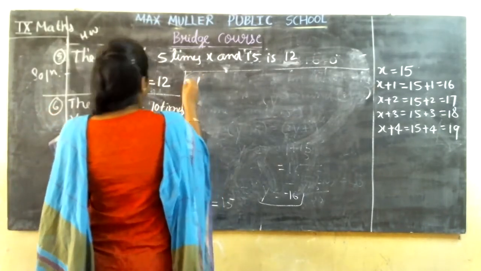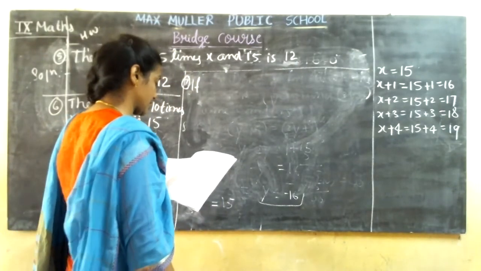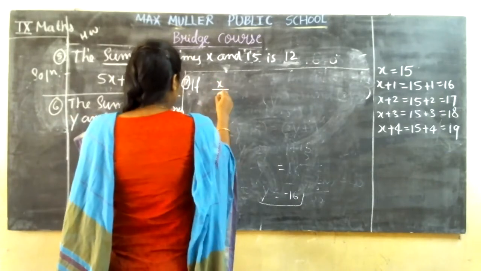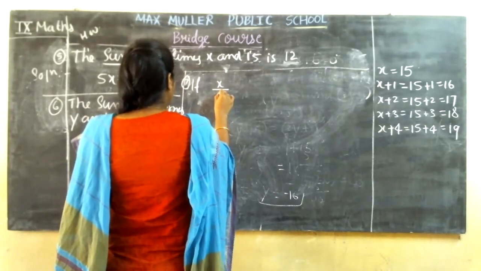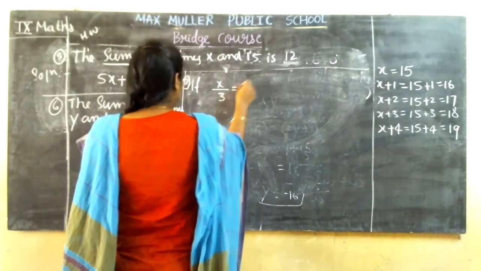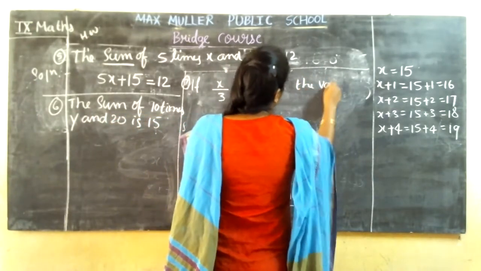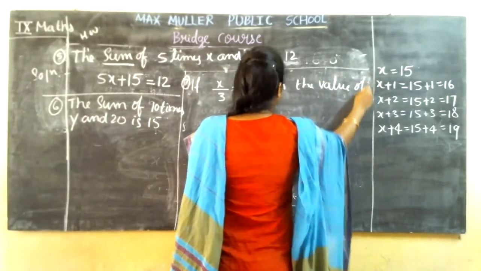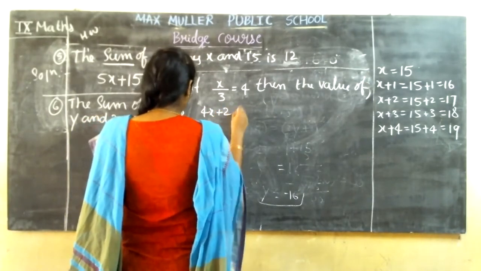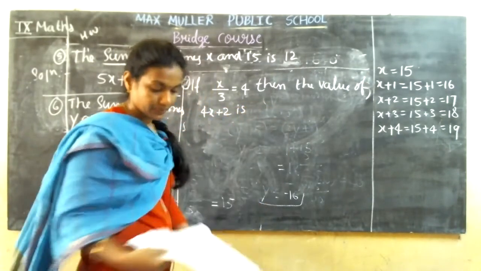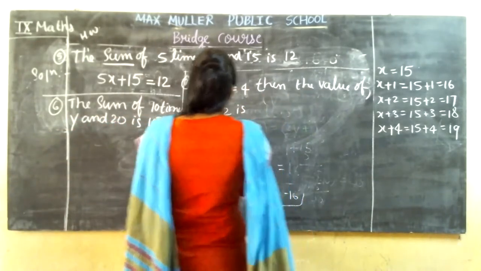Take the next one, the 7th question. If x by 3 is equal to 4, then the value of 4x plus 2 is... Our question is: if x by 3 is equal to 4, then the value of 4x plus 2 is what?